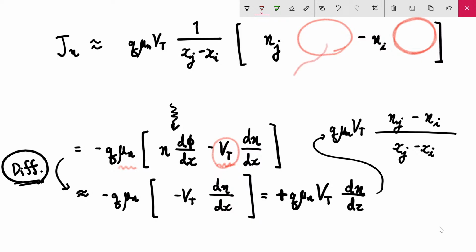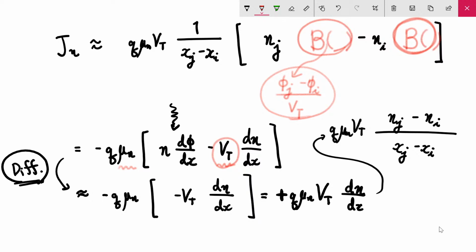So please remember what your Scharfetter-Gummel scheme form was. That contains a so-called Bernoulli function, which has an input argument like phi j minus phi i. So I wanted to say that here we can introduce a certain Bernoulli function, and here we can also introduce a certain Bernoulli function.